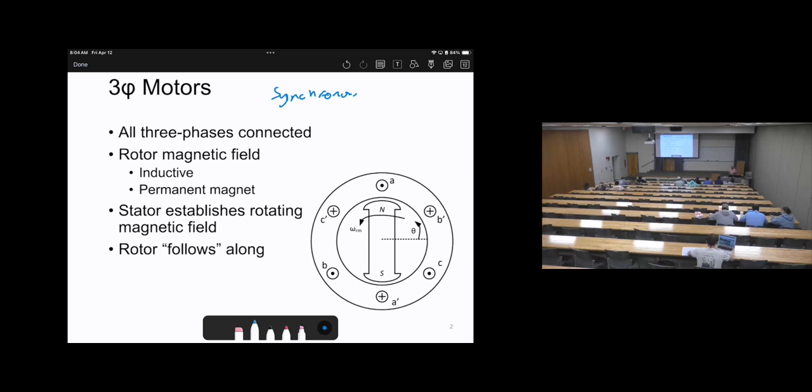So the rotor will follow the flux, the air gap flux. Okay? So this is the structure of the synchronous motor, very similar or the same as the generator. Nothing changed, but maybe the difference is the current direction, or in other words, the power flow.